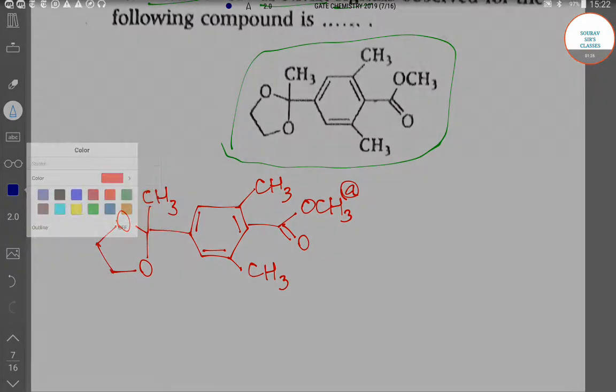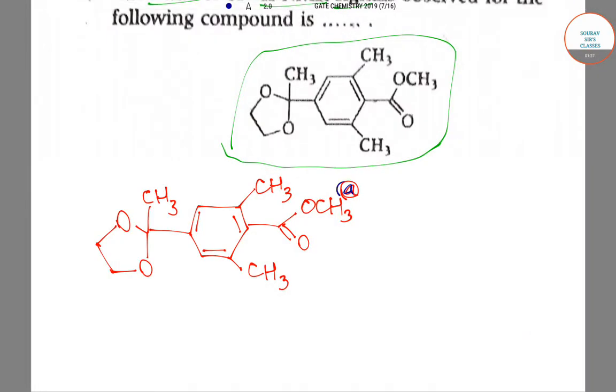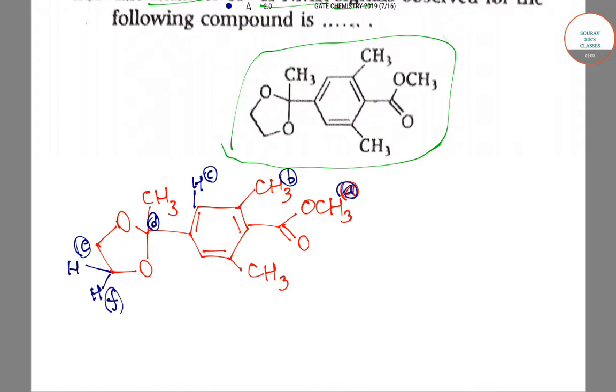This is A, then B, the second one, then we have our C. Over here there would be a hydrogen, which would be a C. Then there would be one over here, which is D, E, which is the hydrogen over here and over here, and this is the last one, which is F.